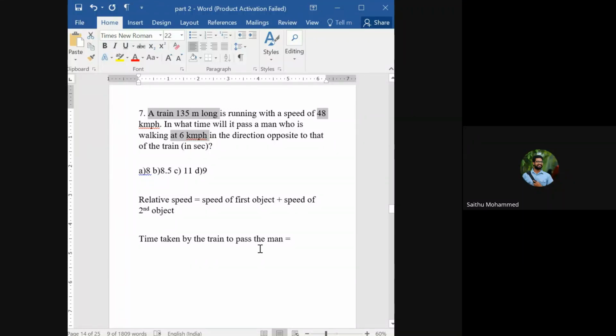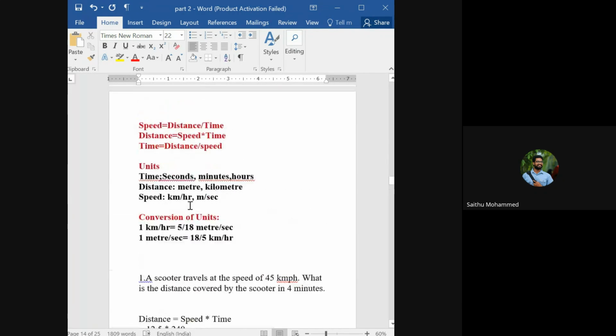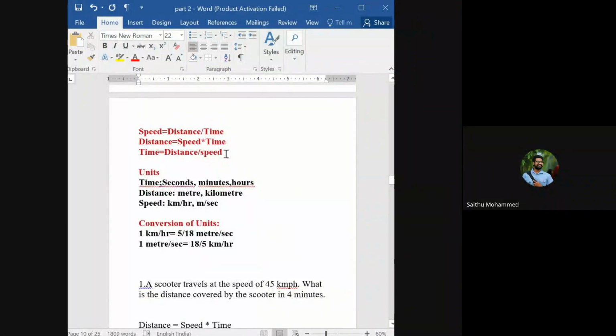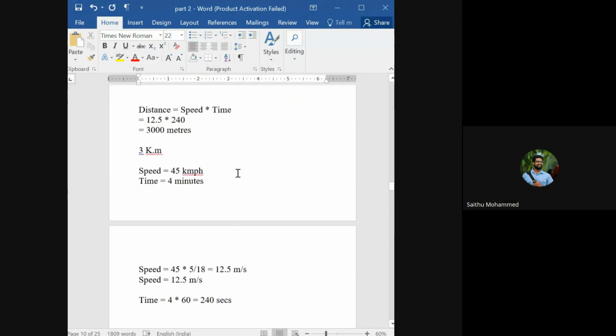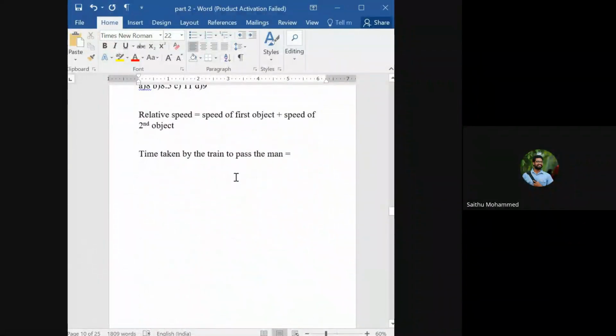Whenever we take problems on trains, especially problems like this, we know that time is equal to distance by speed. Time equal to distance by speed. The same thing applies here also.